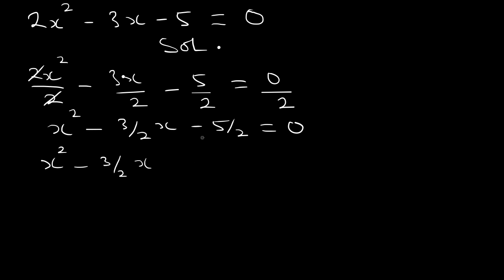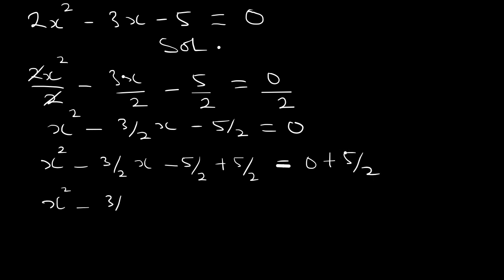To move minus 5 over 2 to the right hand side, we'll have to add 5 over 2 to both sides. If we do that, we'll have s squared minus 3 over 2x. Now this place becomes 0 and we'll have 5 over 2.